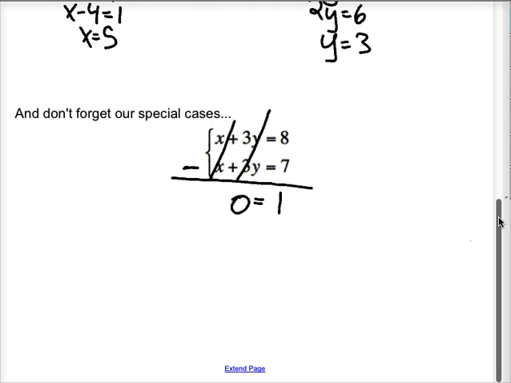It doesn't work that way, okay? So remember, when the variables both disappear from your equation and you're left with something that is nonsense like this, what that means is that there's no solution. There's actually no answer that will work in both of these equations.